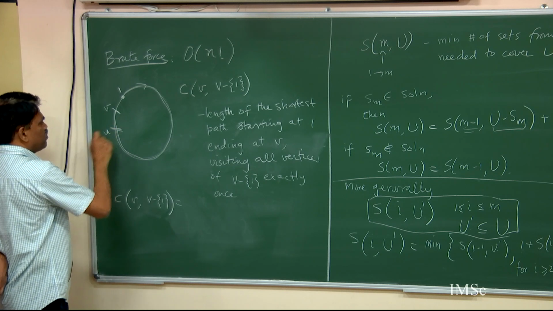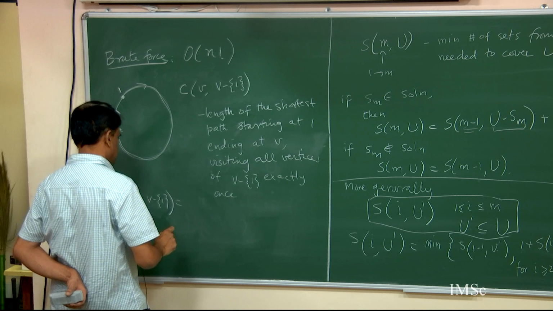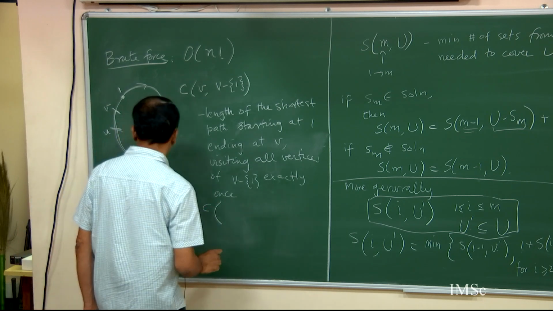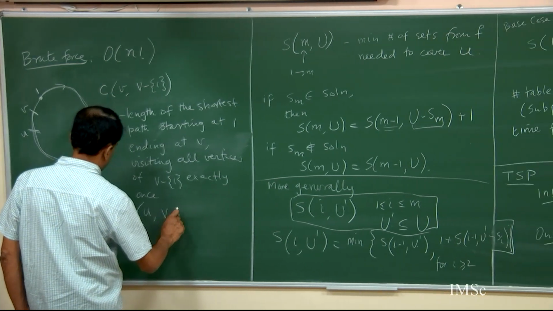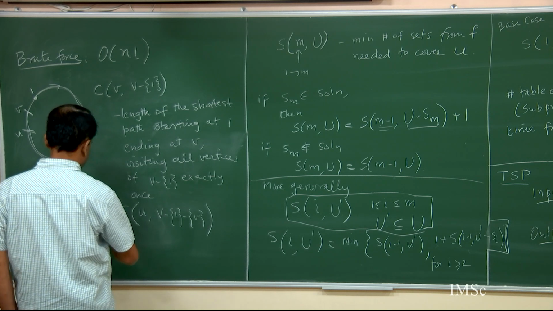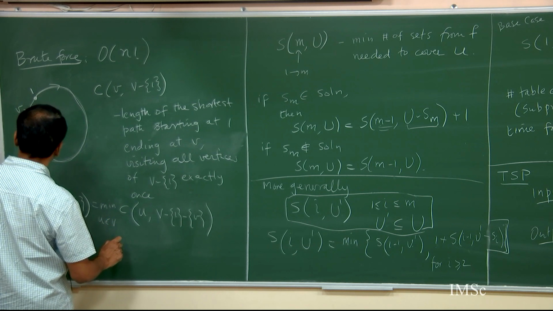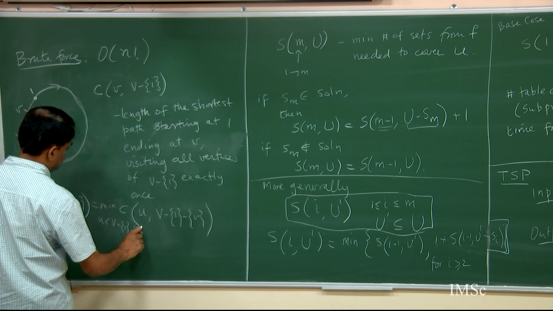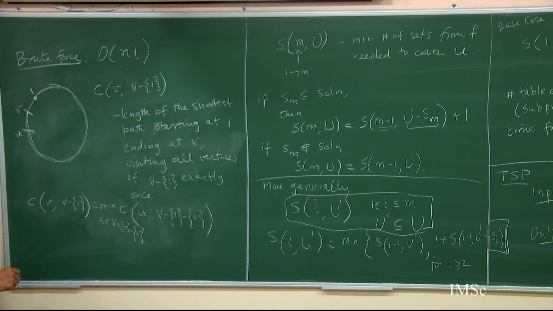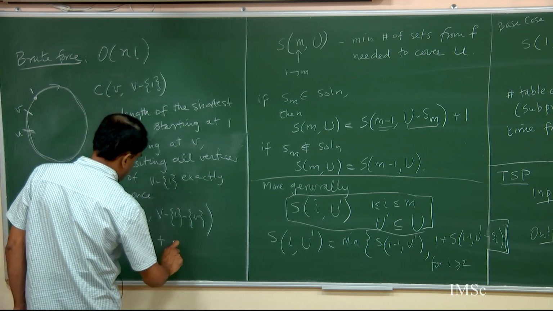Look at the previous vertex, then what? It is: end at U. So I want to start at 1 and end at U, plus the edge UV, the distance UV.